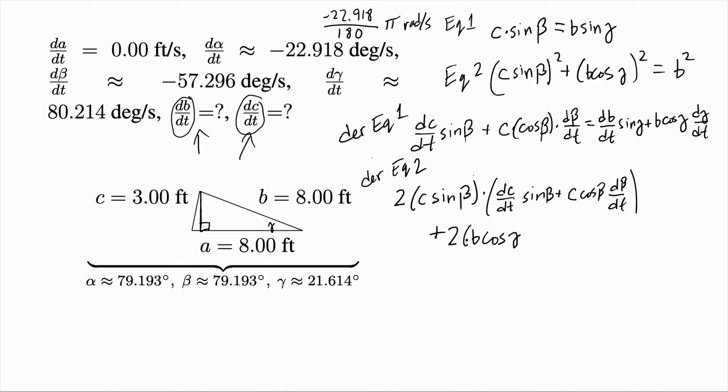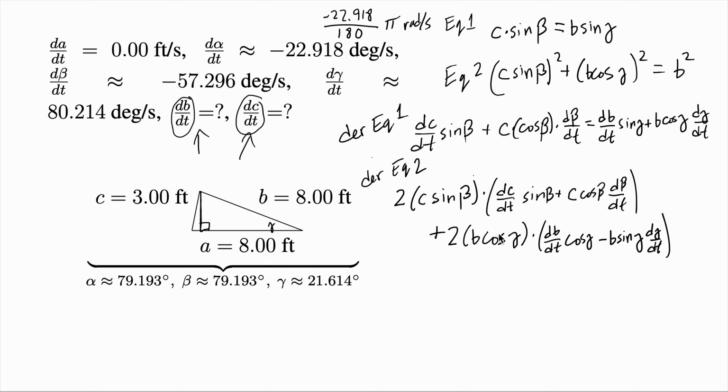So 2b cosine gamma here, and then times the derivative of b cosine gamma, which by product rule and chain rule is dB dt cosine of gamma plus, actually there'll be a minus, because the derivative of cosine is negative sine, so minus b sine of gamma, and don't forget the d gamma dt by the chain rule. That's that side.